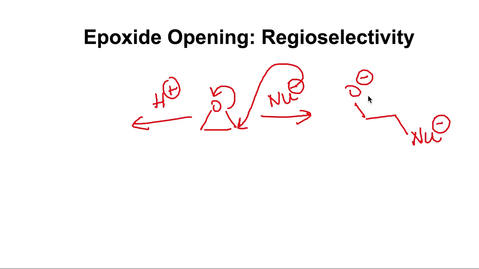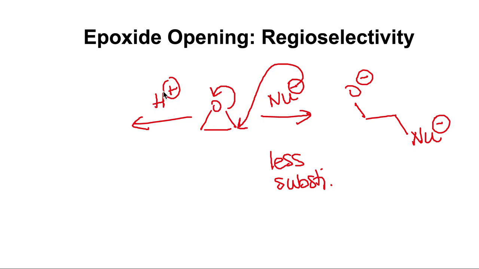And by protonating that O, we will end up with an OH in there. The nucleophile will always attack the less substituted side, right? In this case, it doesn't matter because this epoxide is symmetrical, but we're going to see some cases where there is a more substituted side than the other one.